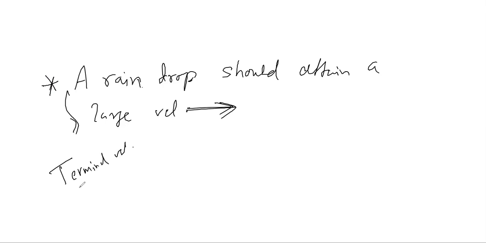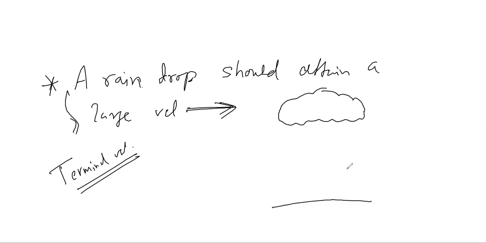The reason is terminal velocity itself. See, one example we can look at: normally a water-bearing or rain-bearing cloud is at a height of, let's say, 10 kilometers from the earth's surface, and one person is standing on the ground.